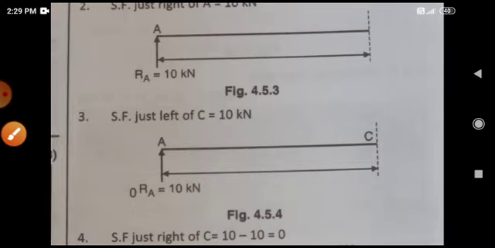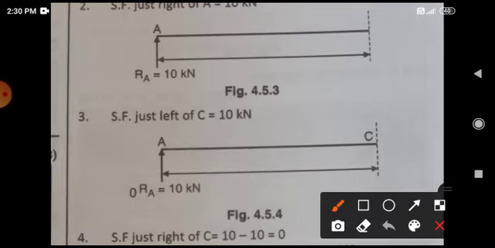Now just left of C, to balance these forces, the force at left of C must be equal to 10 kilonewton, and as we are considering upward forces positive, here we have to consider negative at C.